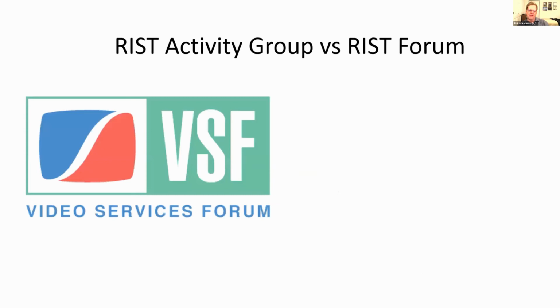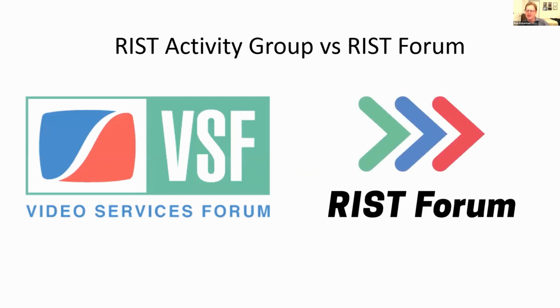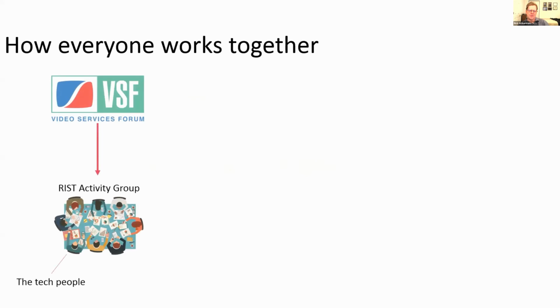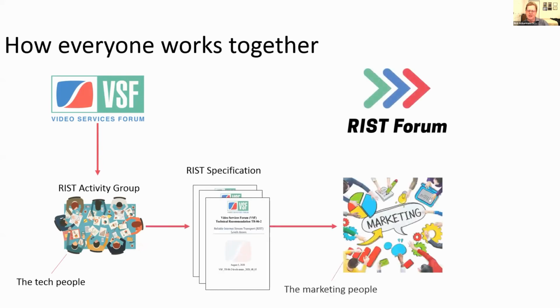So we have the Video Services Forum, we deal with all the tech, and then the RIST Forum deals with the marketing and the education. The way that works is we have the RIST activity group, which works within the Video Services Forum. We do the standards, and then it's marketed and education is done primarily by the RIST Forum.